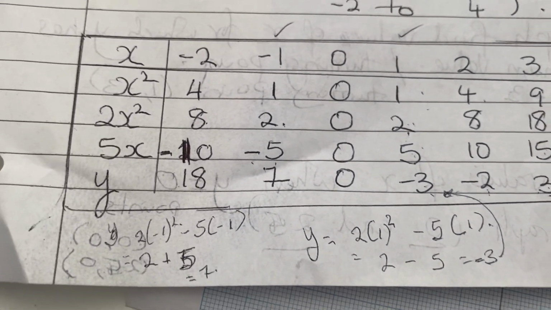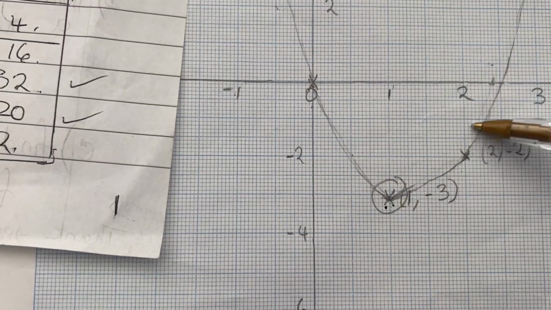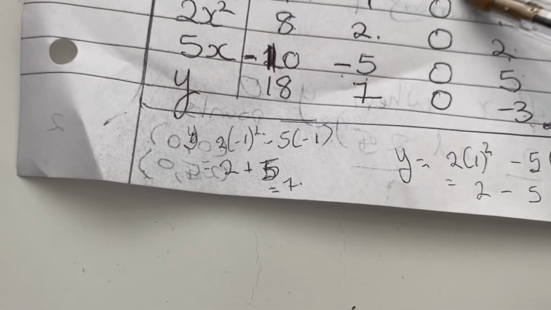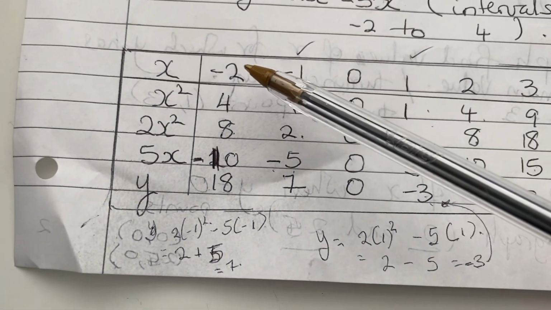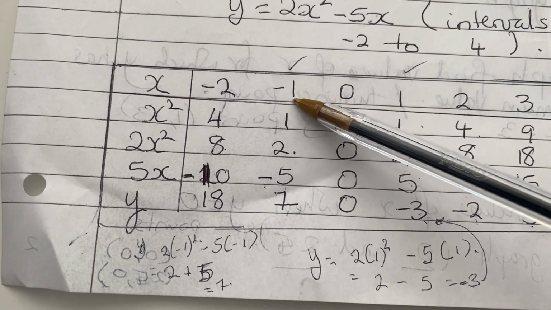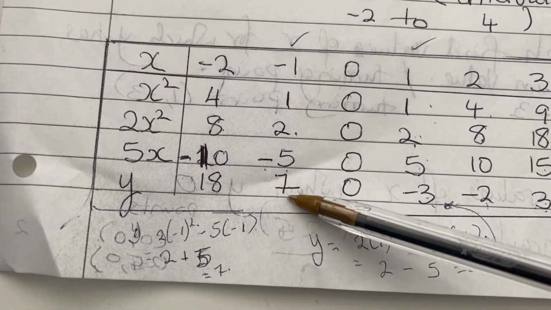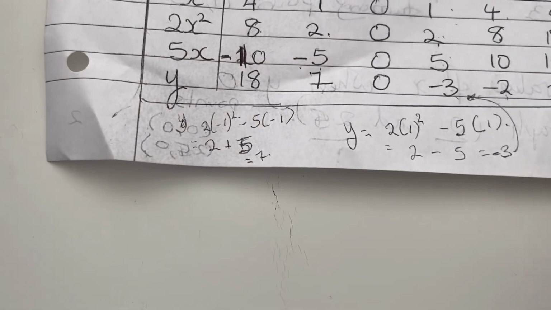And then, even though I used the table method, this part of the graph here didn't look symmetrical to me, so I had to check some of the values. So when x is -1, I got y will be 7 there, so this is right.